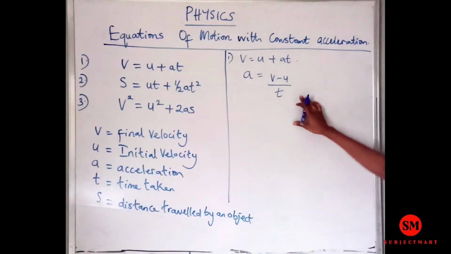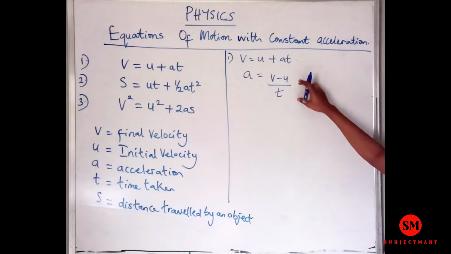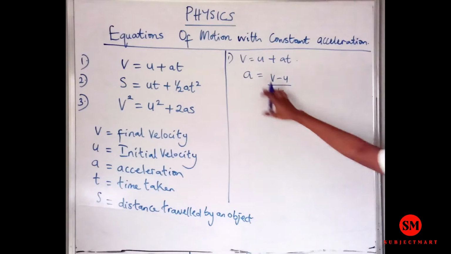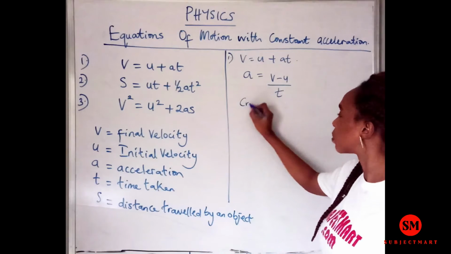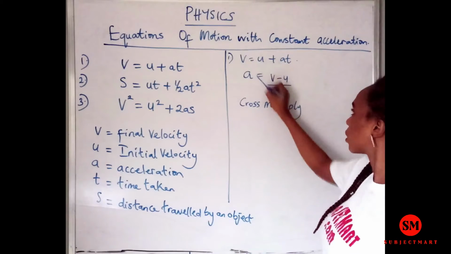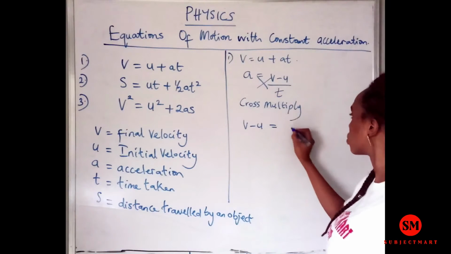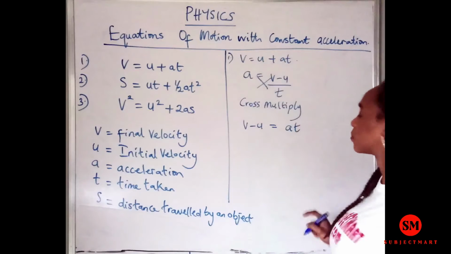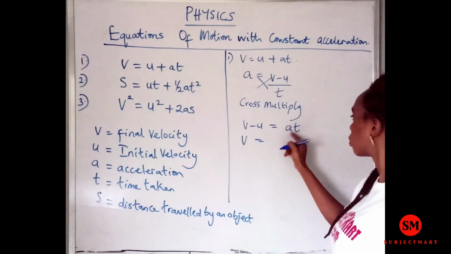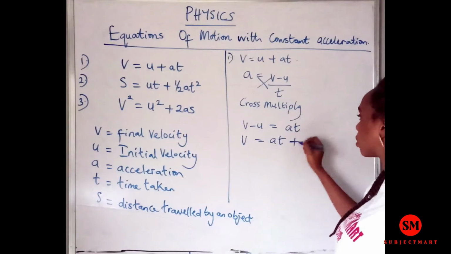And change in velocity is final velocity minus initial velocity. That will give us the difference in velocity over the time taken. So from this equation, if we cross multiply, we have v minus u is equal to at. So we make v subject of the formula. So we have at. U comes to this other side, it comes plus u.